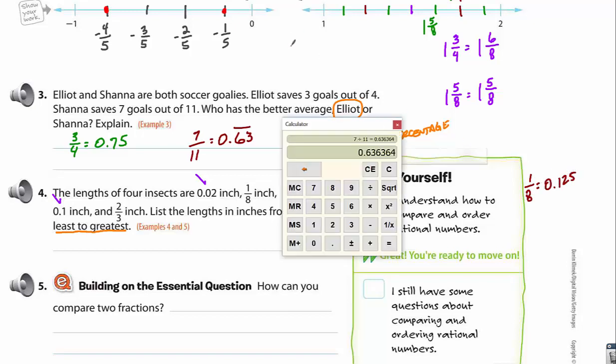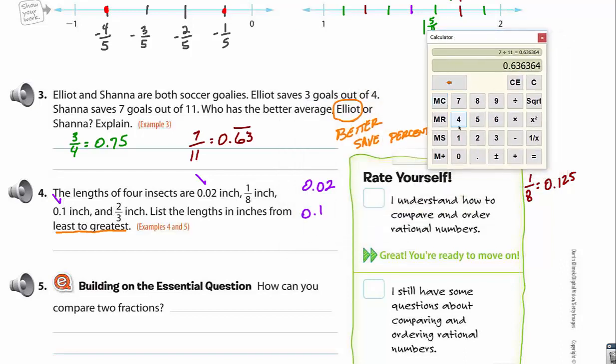I happen to know that, but if I didn't know that, I could check it with a calculator. 1 divided by 8, 0.125. That's going to go right here. That was the 1/8. Now this one is longer than that one, but I'll wait, and then I'm going to put the same number of places once I'm done and know exactly how many I need. And then finally 2/3.